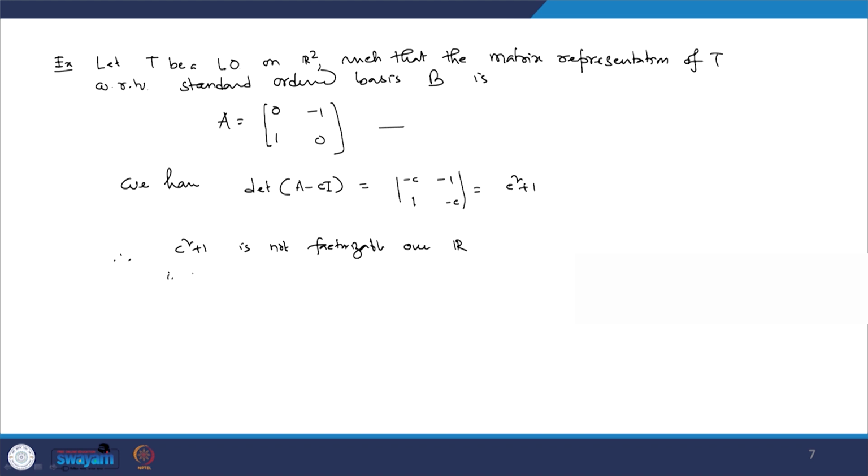That is, C square plus 1 equal to 0. If you consider this characteristic equation, we have C equal to plus or minus i as the only solutions.